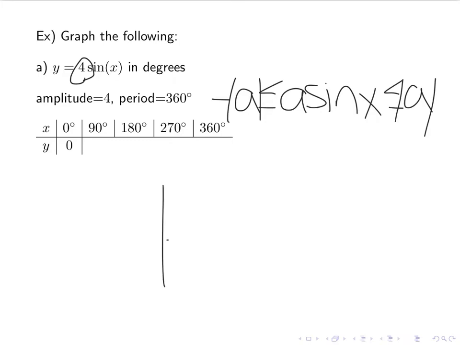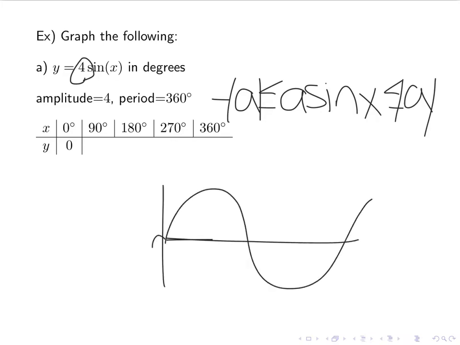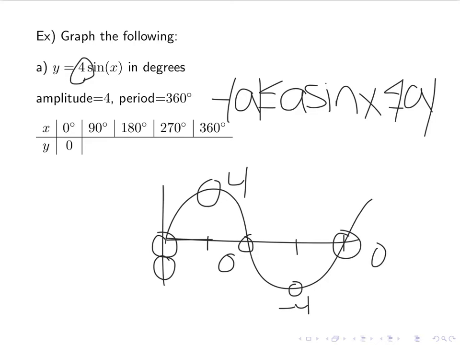So for my sine curve, it starts at 0. The next value is the maximum, then 0, then the minimum, and then 0 again. So I'm going to fill those in for the table. So 0, 4, 0, -4, and 0 for the y's.